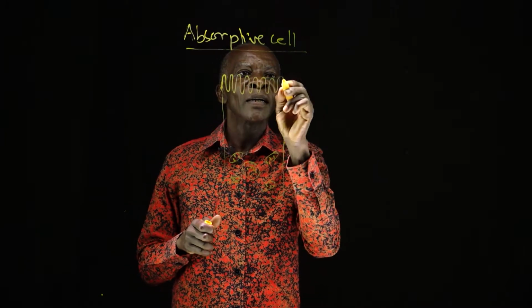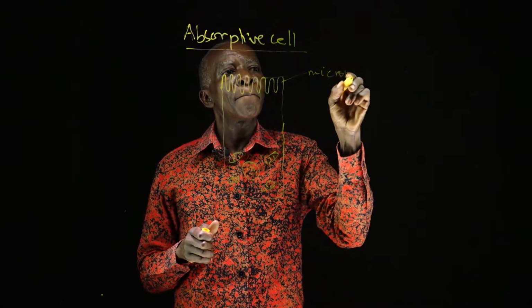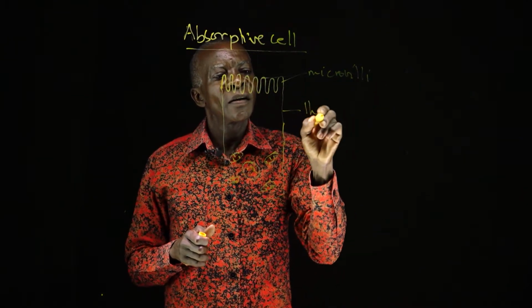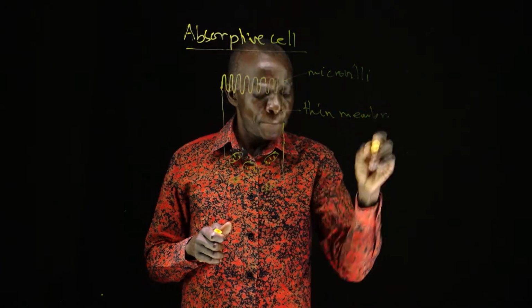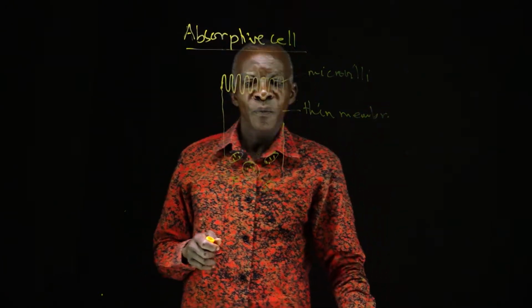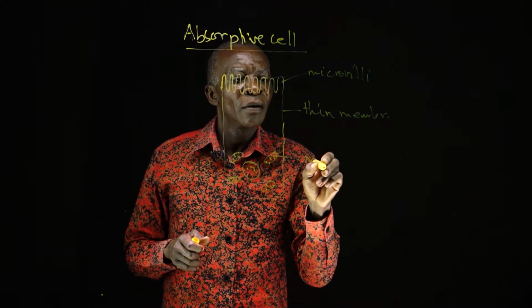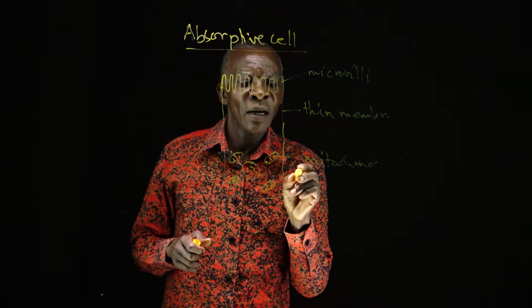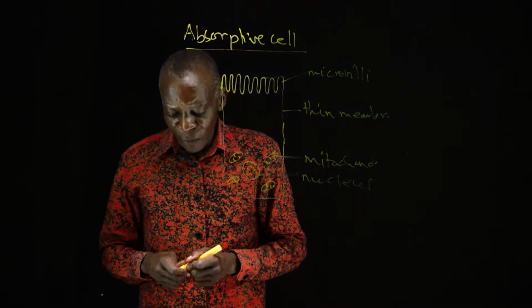Here we have microvilli. This is a thin membrane. Apart from that, we have a mitochondrion, and here we have a nucleus.